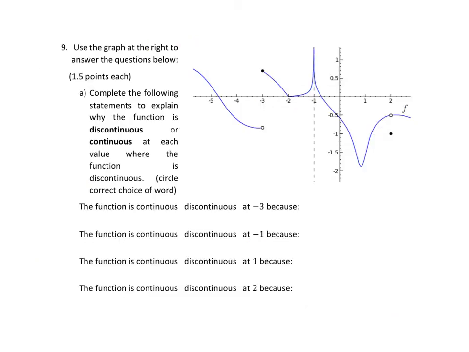So in number 9, we're supposed to use the graph at the right to answer the questions. And I'm going to go ahead and answer both of them because I think it's important that we do both 9A and 9B. So we're to complete these statements about whether or not the function is continuous.